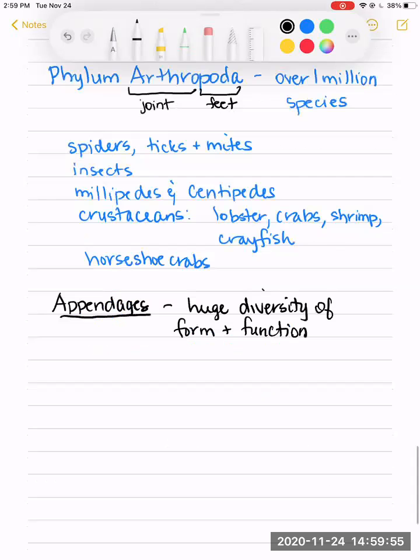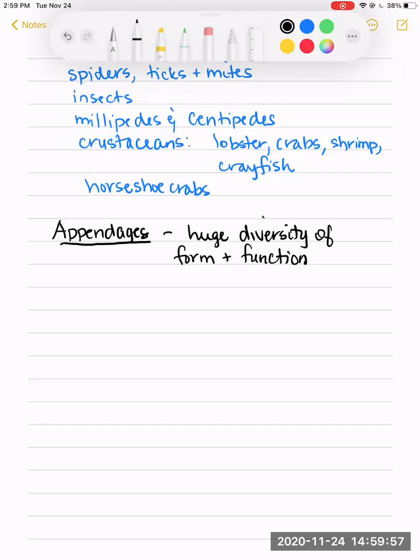Let's talk about some of the functions of appendages in the arthropods. Obviously, locomotion, and that locomotion can take on so many different forms. They can fly, they can swim, they can walk.